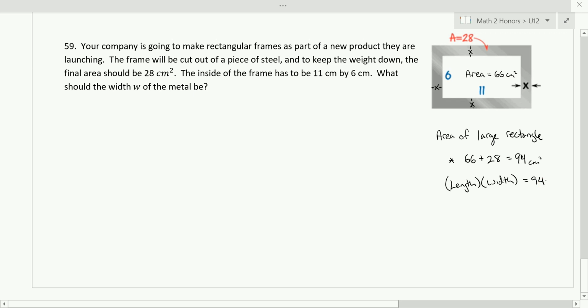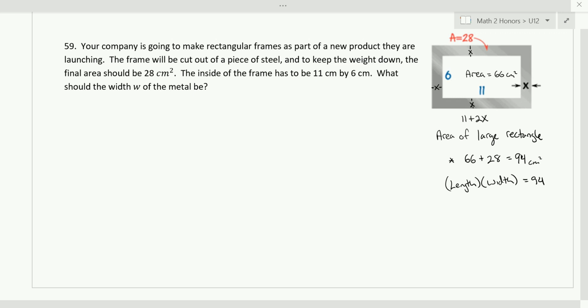And as Kaya was saying, well, the length here is going to be 11 plus 2x, because the inside white part's 11, but then you have that length x added on the left-hand side, and then you have that length x as well on the right-hand side. So 11 plus 2x would be the length of that larger rectangle.